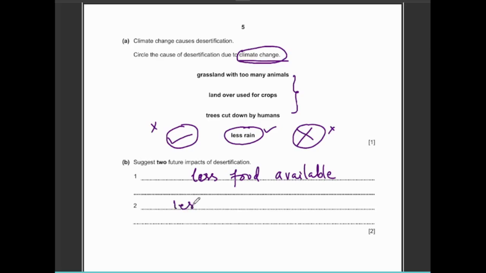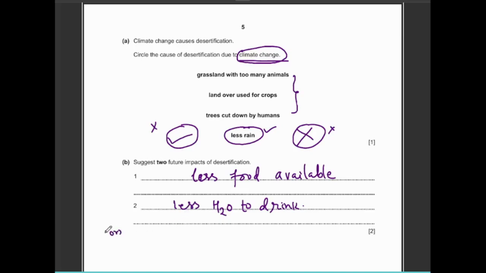That means the place is now turned into a desert. That means there will be less water to drink, right? Loss of plant habitat, loss of animal species, migration of people can also be considered. Even an increase in diseases such as waterborne disease is also considered.